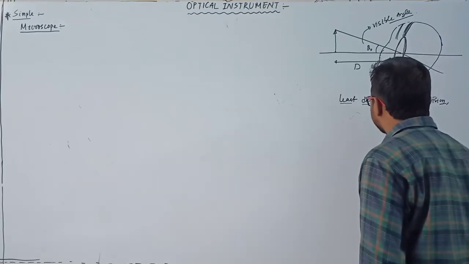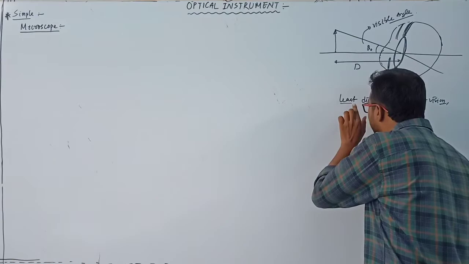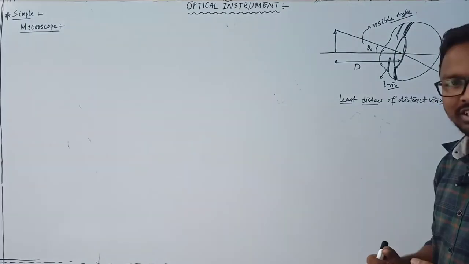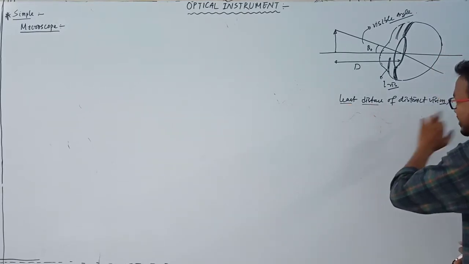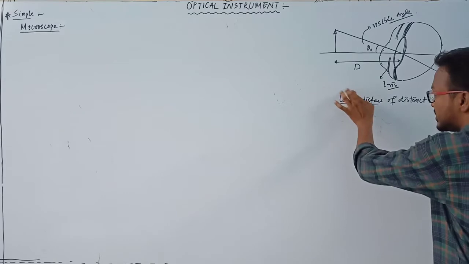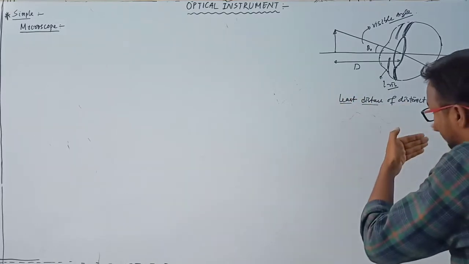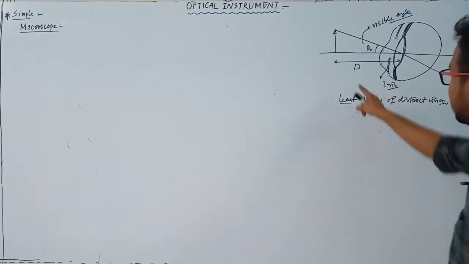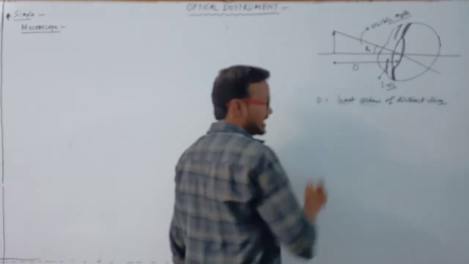That means after a particular point, these two words we cannot distinguish, we cannot separate them. At that point we cannot use the least distance of distinct vision. We can see these two words with a separation between them, and that normal distance from the eye to the object is known as the least distance of distinct vision, and it is denoted by D.